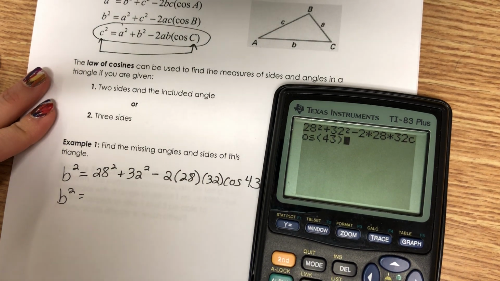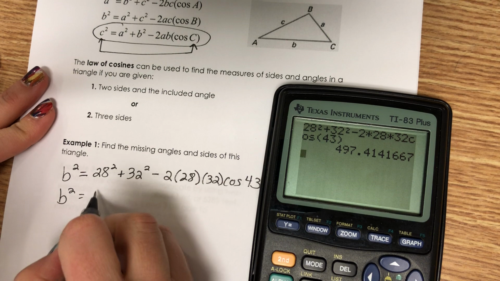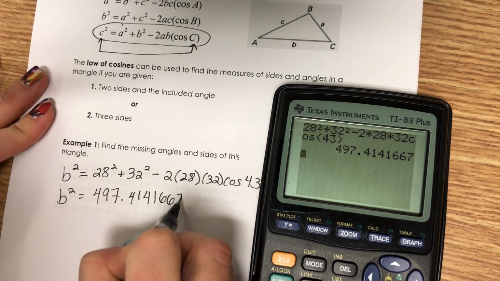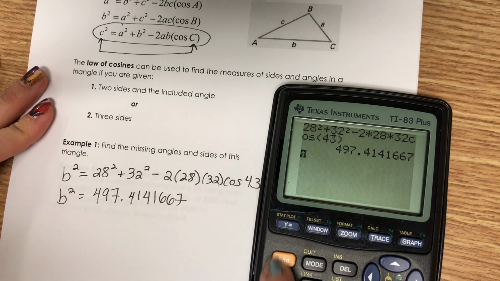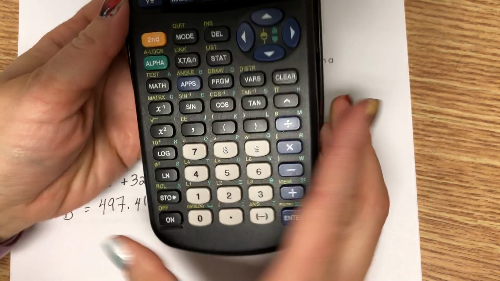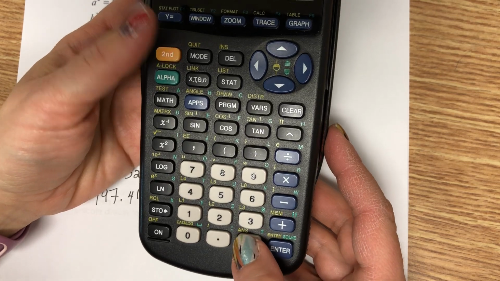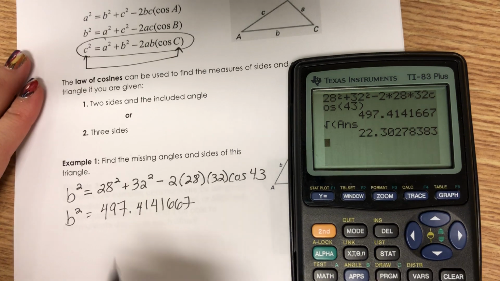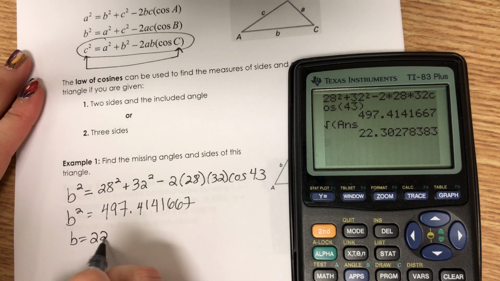Make sure I didn't have any typing mistakes. So that b squared is 497.41416667. So if I square root, and then I want that whole value, so I'm going to do second negative to put the answer in. So side B is 22.3.